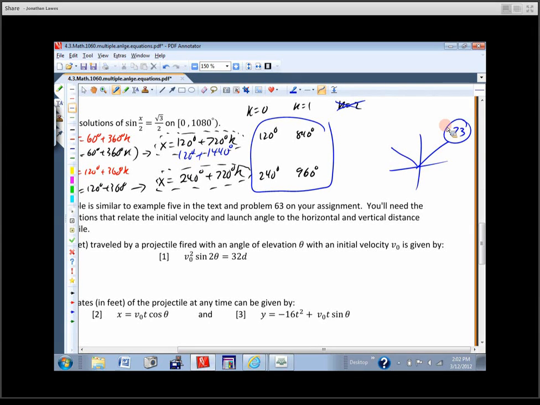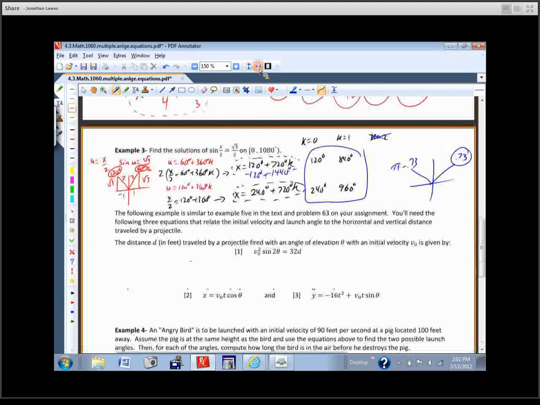How would you figure this one out? What's the x-axis in radians over here? Pi, and we need to back up, so we're going to do pi minus 0.73. That's how you'd figure those out. And then they'd repeat every 360 degrees or 2 pi or whatever it happens to be. Good there? Okay. All right, let's take a look at the interesting example.